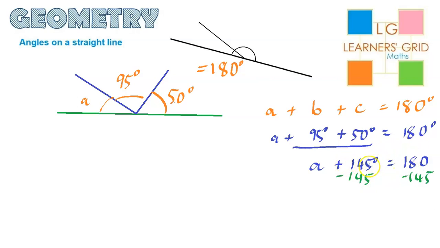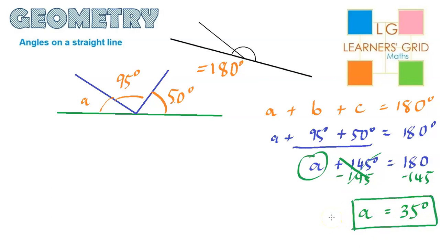So if I have positive 145, then I minus 145, well that's 0. So I'm left with A. And on this side, I have 180 minus 145, and that is 35. And so I now know that angle A is worth 35 degrees.